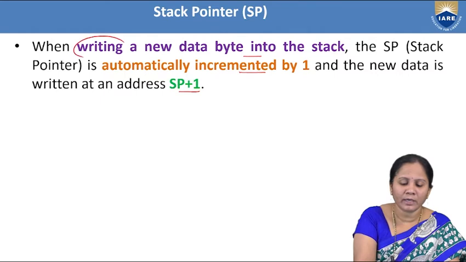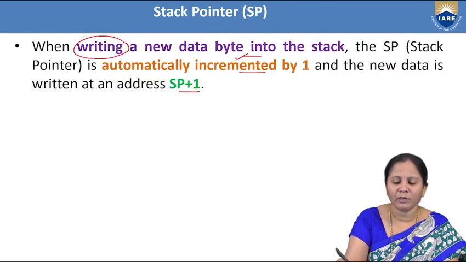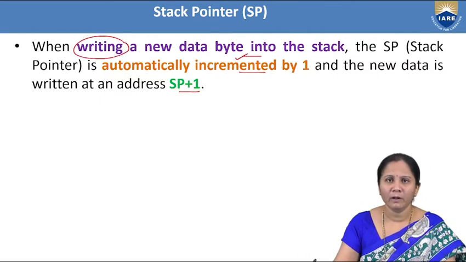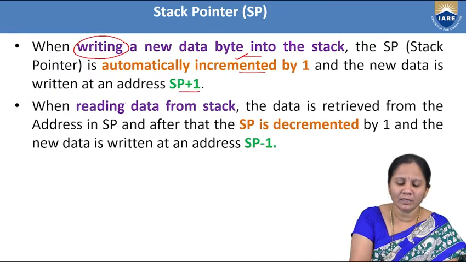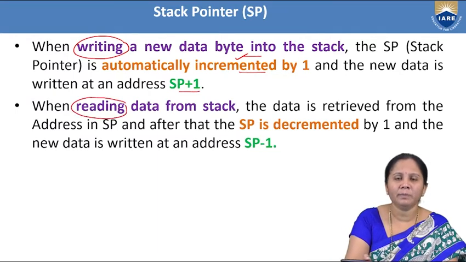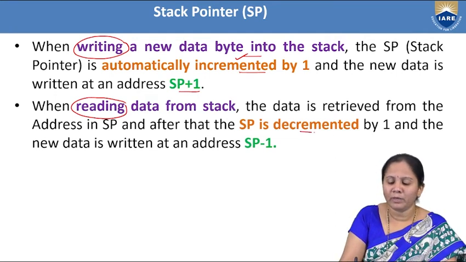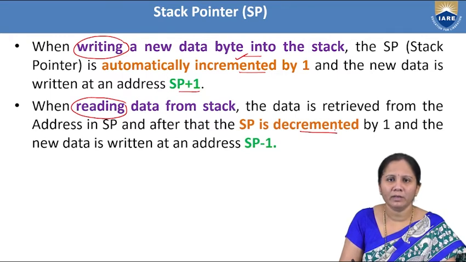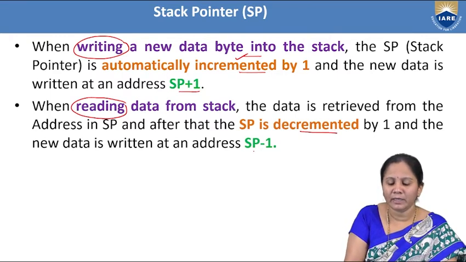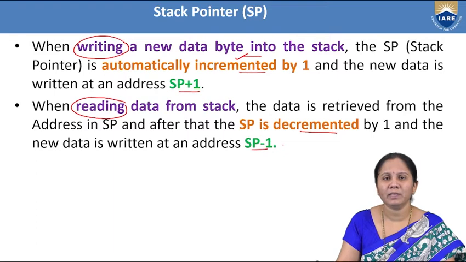During the writing operation, the stack pointer is incremented by 1, whereas when a reading operation is performed, the data will be retrieved from the stack. So the stack pointer will be decremented by 1 and the data will be read from the address SP minus 1.